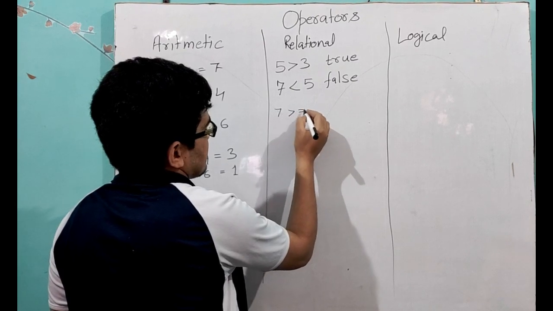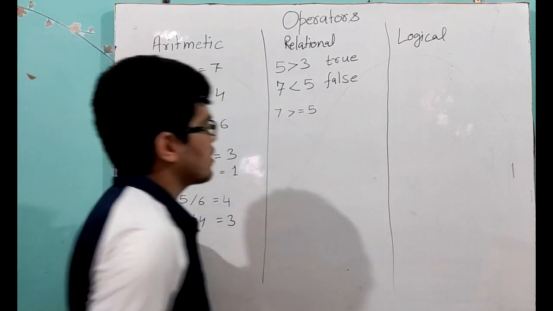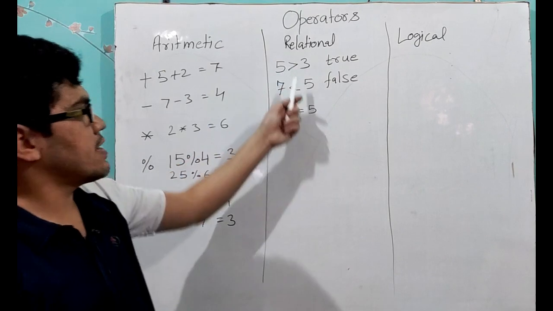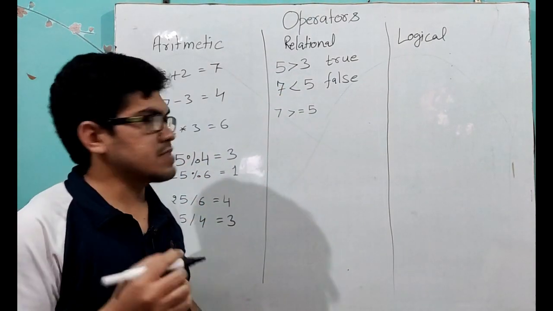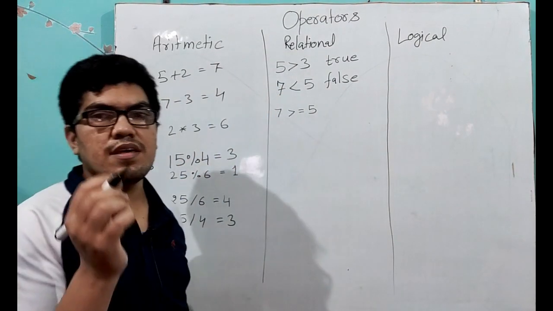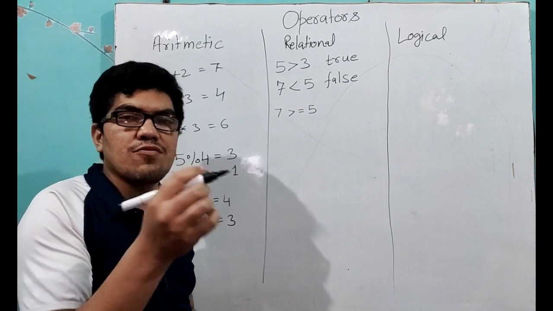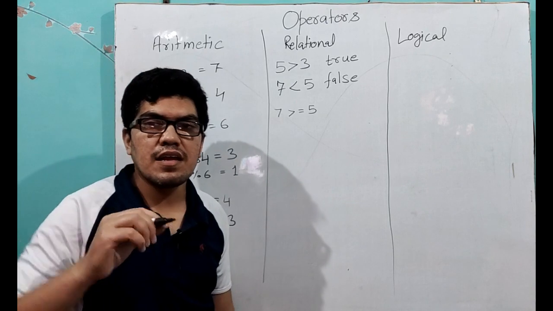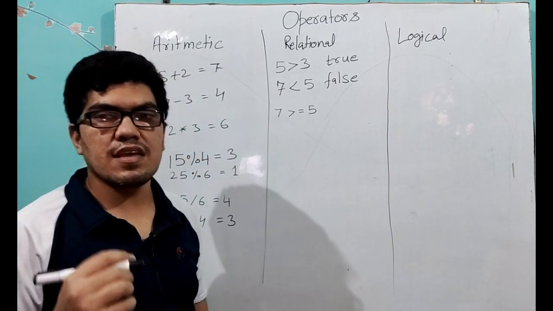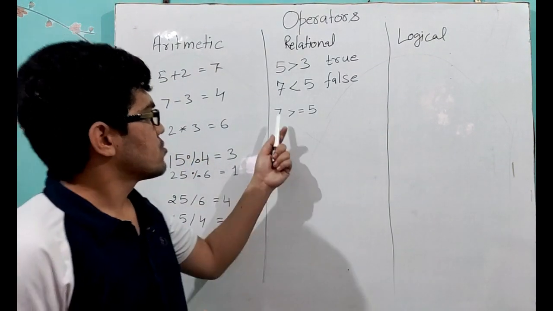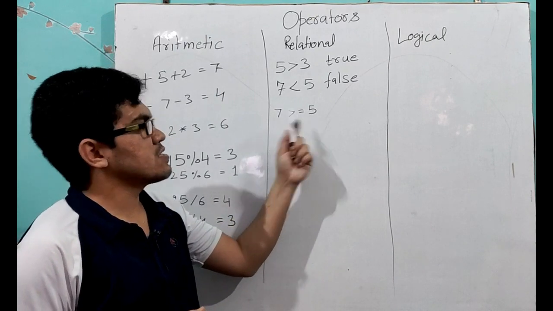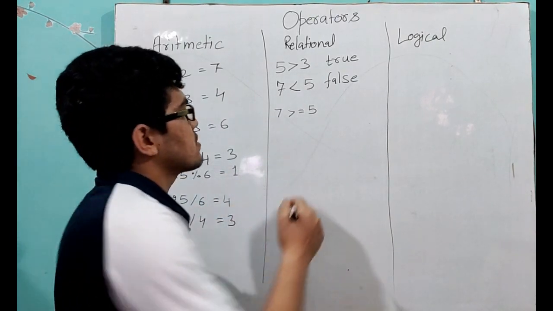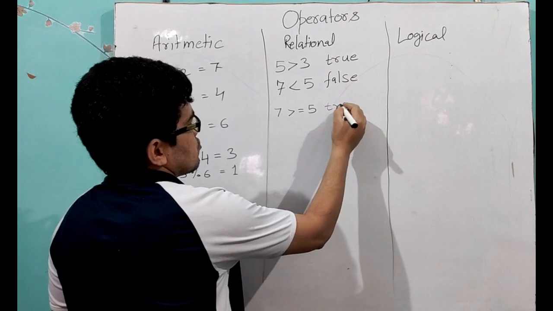7 greater than or equal to 5. Now the difference between greater than and greater than or equal to is that here we are considering only the greater value, and here we are considering the greater as well as the equal value. So is 7 greater than or equal to 5? Yes. So the answer is true.